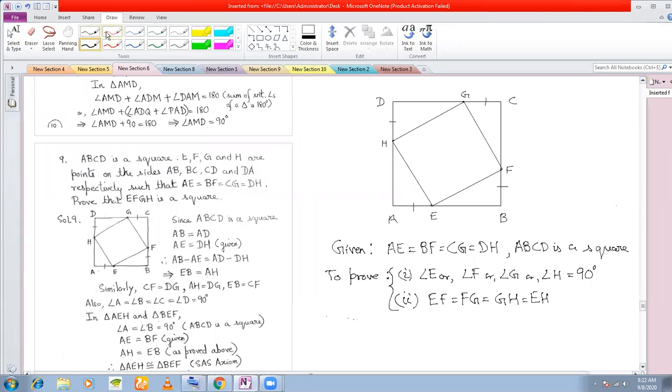Now see, what you first need to observe here is that since ABCD is a square, all these four sides are equal. Let us call all these four sides a. And it is also given to you that these are equal.